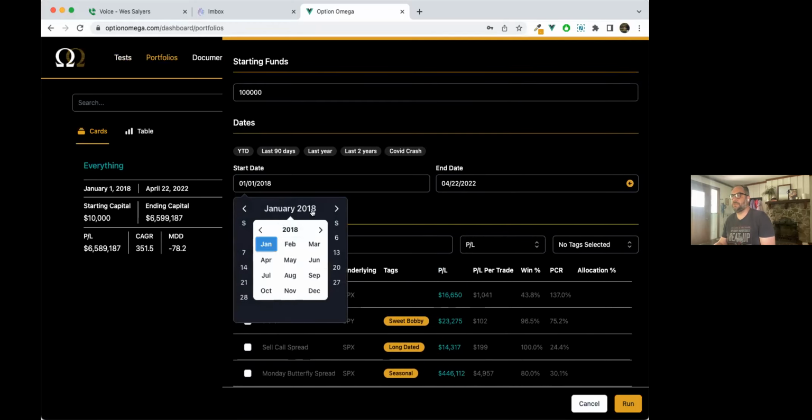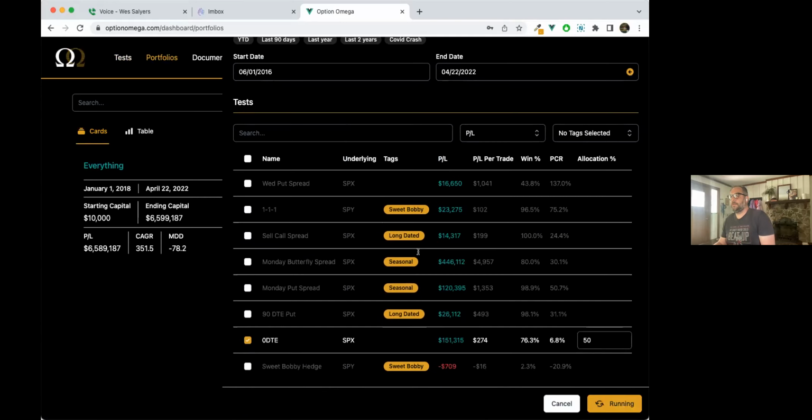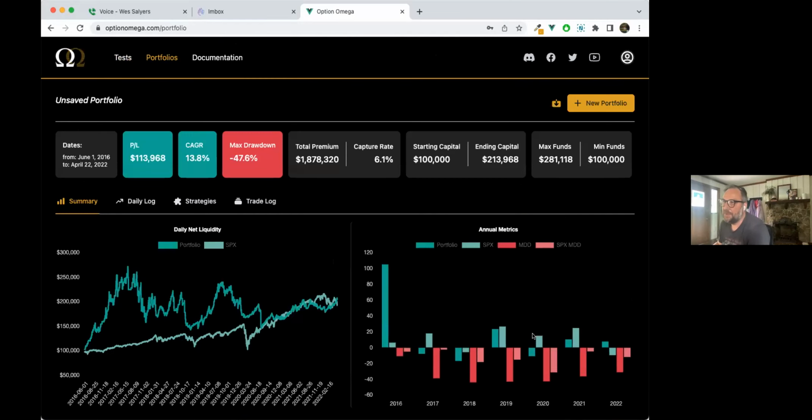Let's do it June of 2016, that's when the 0 day started. So we'll run that trade real quick. This one's going to be funny. This actually supersedes whatever you put in the test. So here in the portfolio, if you say, I'm going to do 50% allocation, it's going to run it at 50% allocation.